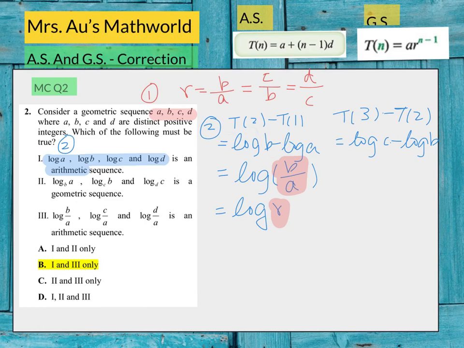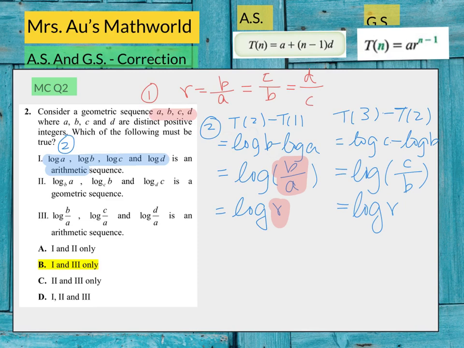Our task is to check whether the remaining two also give log R or not. The second one, we also have log C over B, and checking it clearly from the list, you can get log R again. So you can see it's the same here.